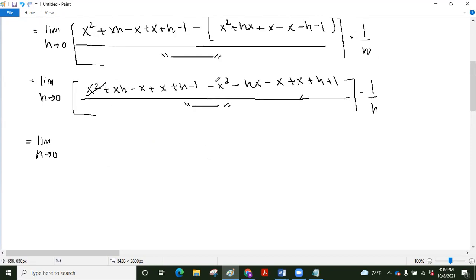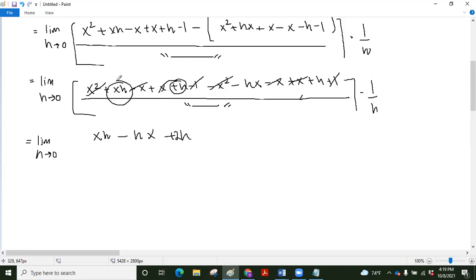This cancels out with this. This cancels out with this. This cancels out with this. Plus 1, negative 1 cancel. And it seems like we're left with xh minus hx plus h. We're left with plus 2h, it seems.